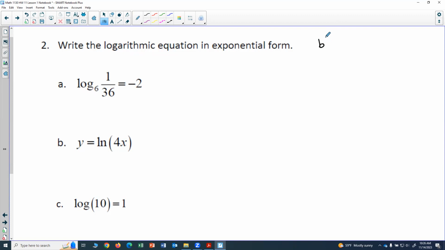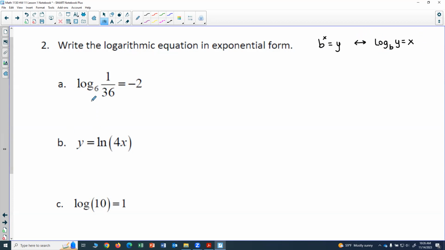If we have b to the x equals y, that's the same as writing log base b of y equals x. That's the rule we're using. You should memorize this formula for switching, and when you take your test, just write it down at the top of your paper before you even start.